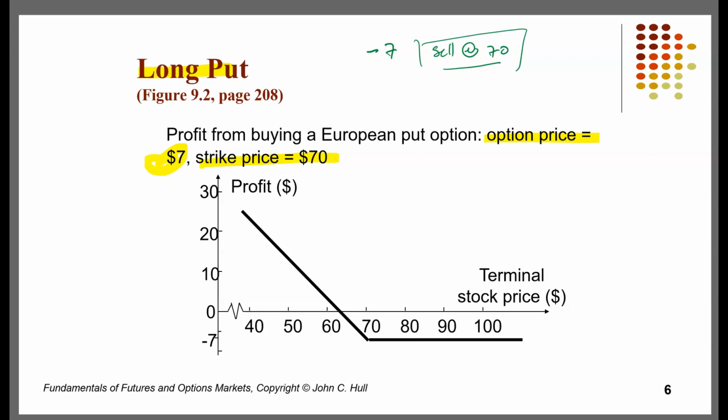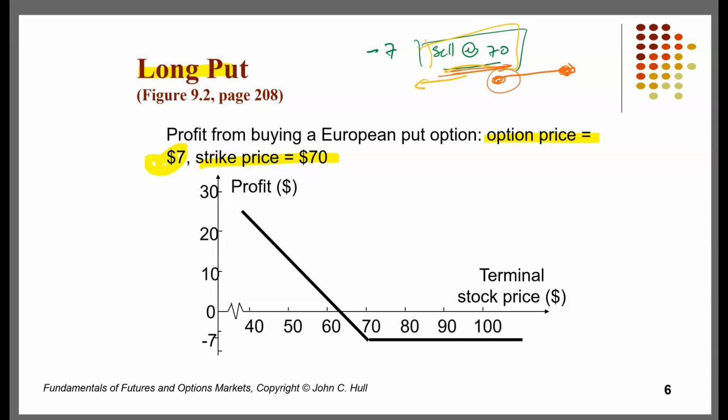So if the price of the underlying is below 70, we can sell at 70 and make a profit. If the price of the underlying is above 70, what do we do? We don't want to exercise the option, because if we exercise the option, we're selling for low where we could be selling for more. And so we do not exercise the option.